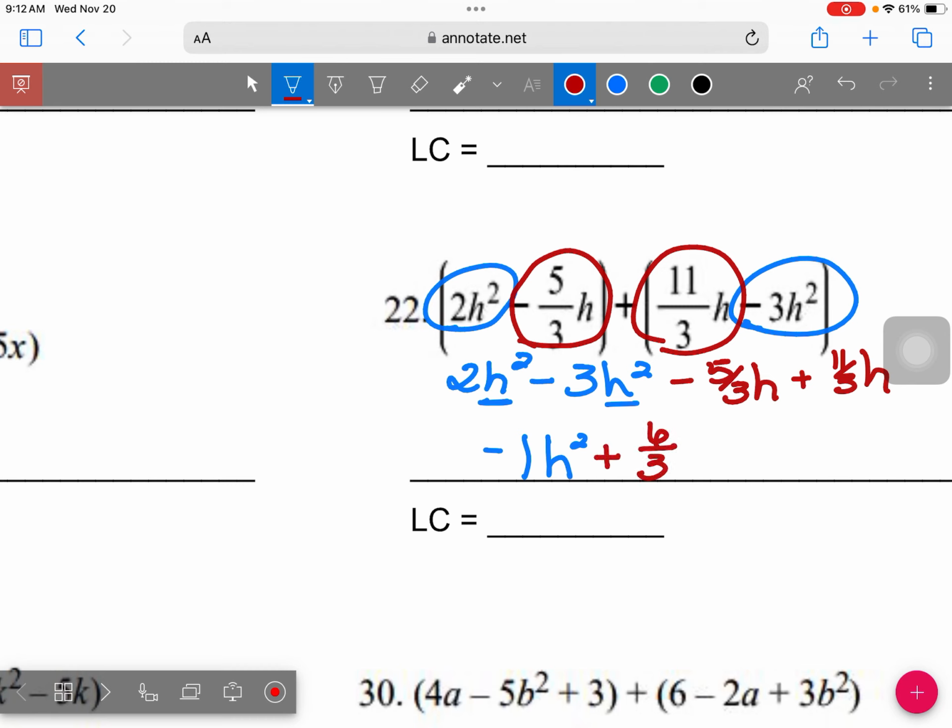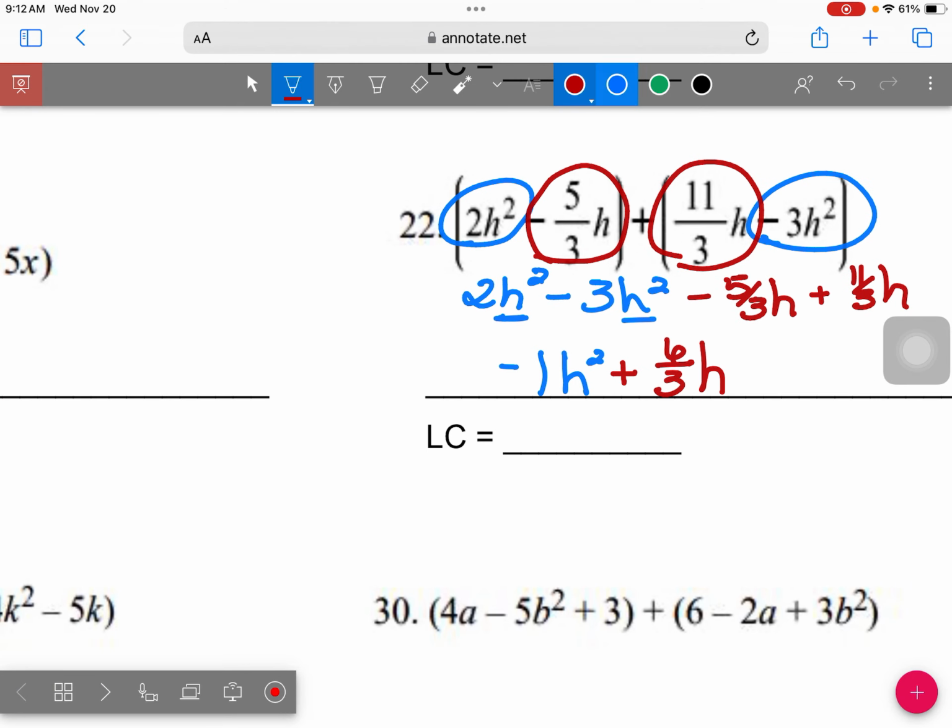And if I do 6/3, what does that simplify to? What is 6 divided by 3? 2. So my final answer here is negative 1h squared plus 2h, because 6 divided by 3 is 2.